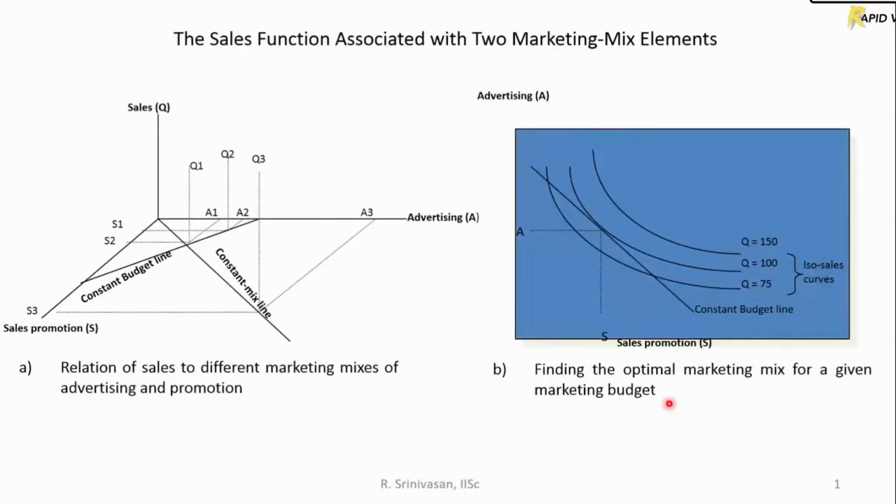What could be the sales? Now when your budget is constant, here in this second graph, you can look at drawing a tangent to each of these sales curves, that is the isosales curves, to get the optimal marketing mix for a given marketing budget. So from this we move up further.